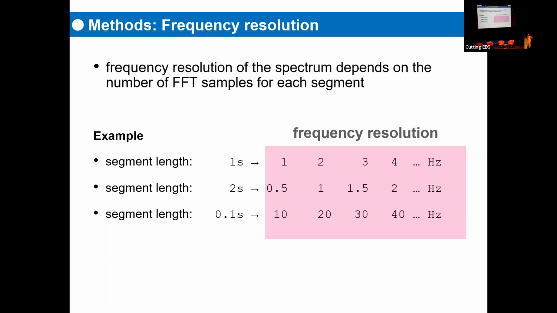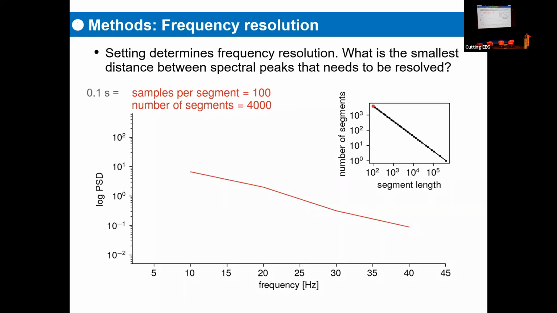So let's see a demo of that. Here we only have 0.1 seconds of data for each segment, but we have a lot of segments. We chopped up our data into very short segments, and this is the resulting power spectrum. It looks very sad because you cannot see anything. Let's try better.